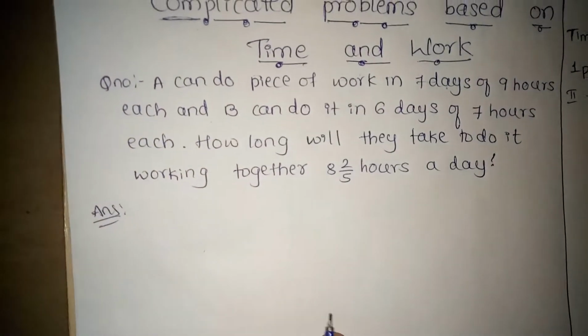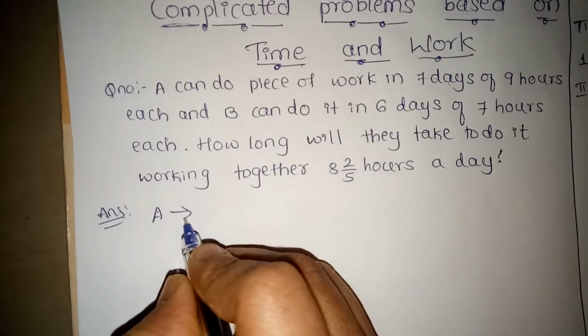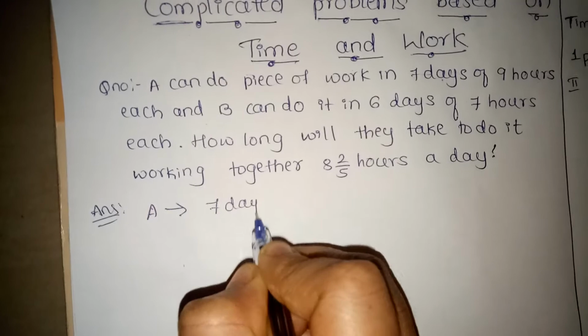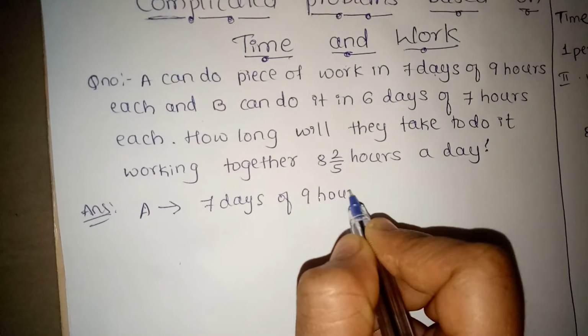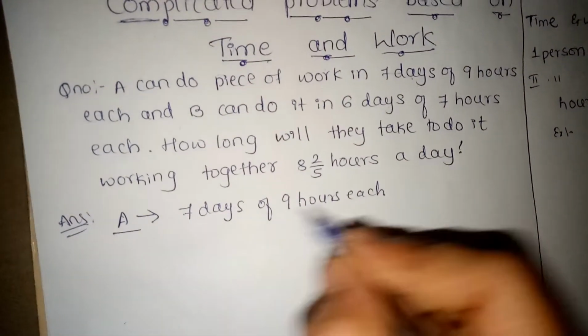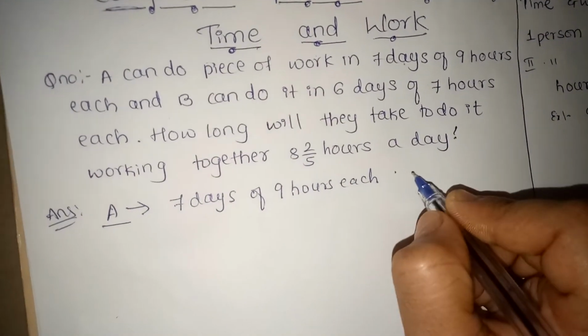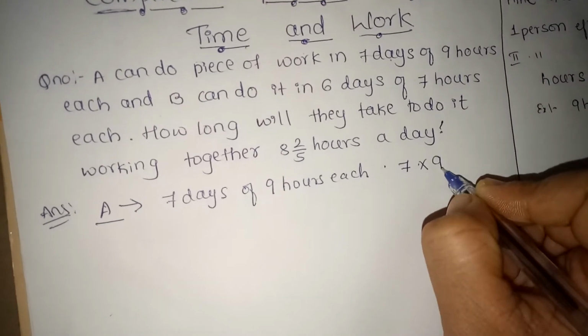Let us take what the question has given. A can complete a piece of work in 7 days of 9 hours each, which means that to complete one piece of work he takes 9 into 7 hours.